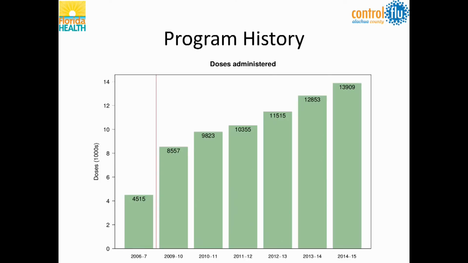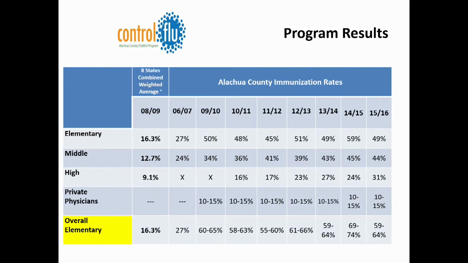So our program history, we had our pilot program in 2006-07 on the far left, and we have increased our immunization rates every year. In this past year, we actually immunized 14,700 students in the schools. These are our program results, and we do best in the elementary schools. Our hardest group to immunize are the high schoolers, and of course middle schools in between.